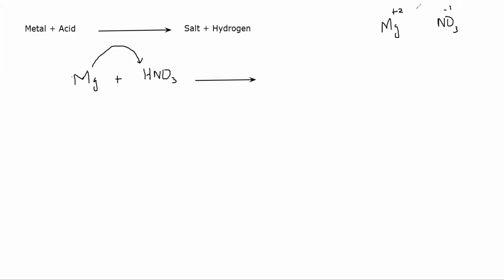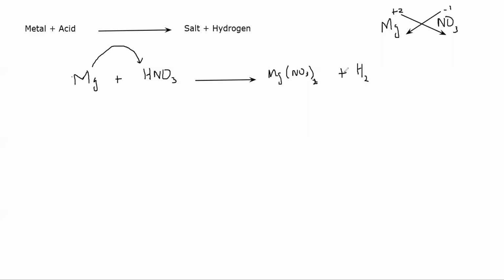When the two valencies are not the same, cross multiply. So the formula for magnesium nitrate is Mg(NO3)2. Plus hydrogen will be there as a gas.